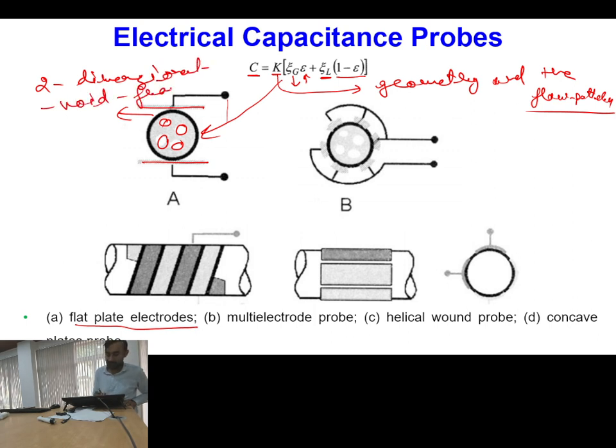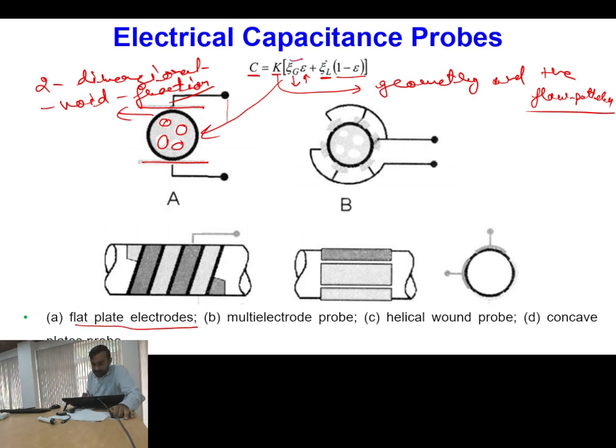Is this point clear? Because depending upon the mixture of the two fluids, the value of capacitance is controlled. So if you intentionally vary the void fraction for a known situation and measure the corresponding value of capacitance, you will get a relationship, and with the help of that relationship you can apply it to unknown situations to predict the void fraction.